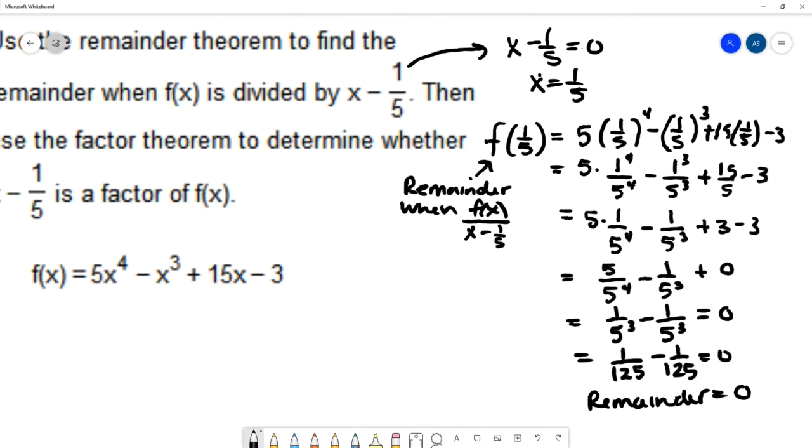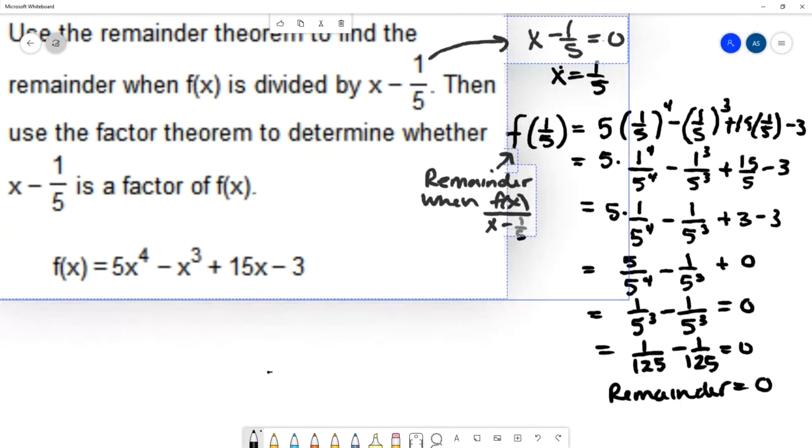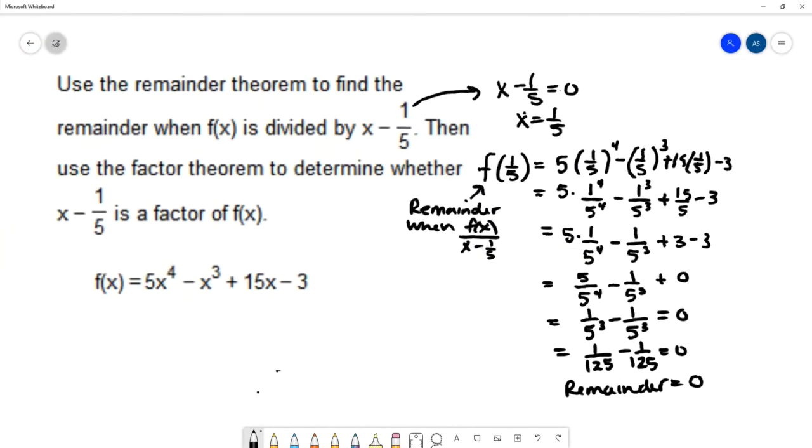So we were able to find the remainder, but then we want to go a step further. We found the remainder, but we also want to use the factor theorem to decide whether x minus 1/5 is a factor of that polynomial. The factor theorem says if the remainder equals 0, then we have a factor.